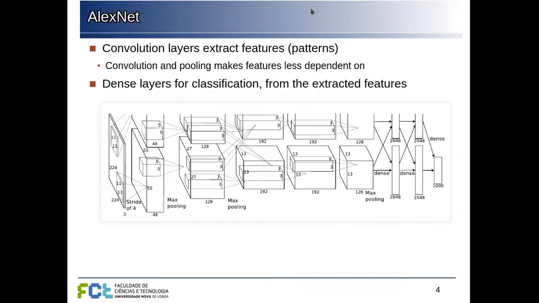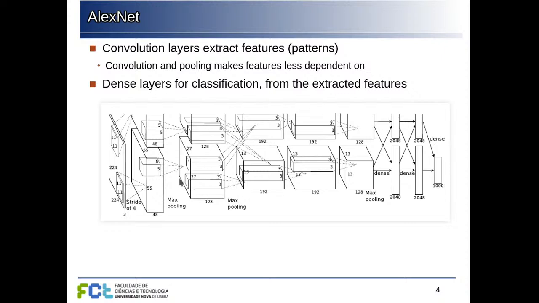So the idea here for this network, and it is the general approach for classifiers using convolutional layers, is that we have most of the network in convolutional layers that are extracting features. They are identifying the correct patterns. The pooling operation serves to make the detection less dependent on specific positions in the image.